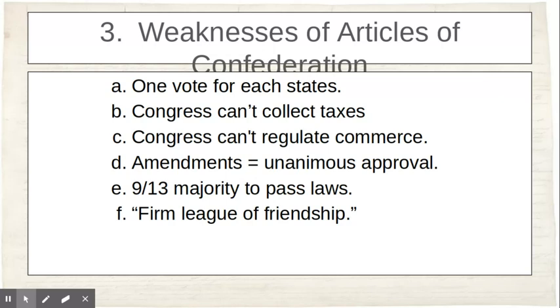But remember, this is a new nation. We had to set up a system. We had to establish order and revive the economy. So there was certainly a need to pass laws, but that was difficult to get over that hurdle of 9 out of 13.